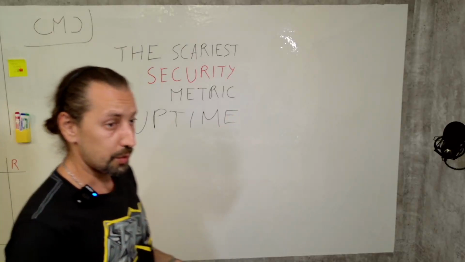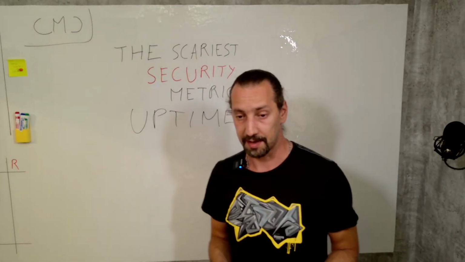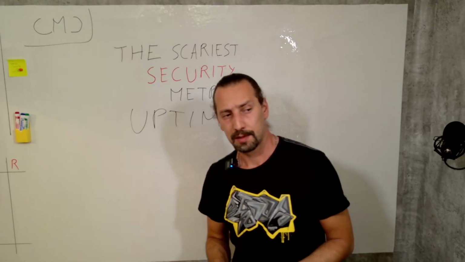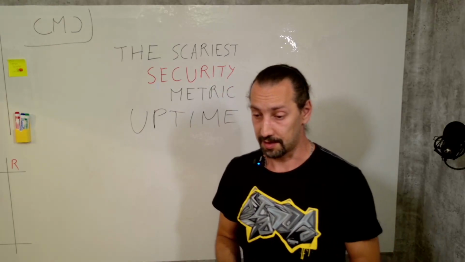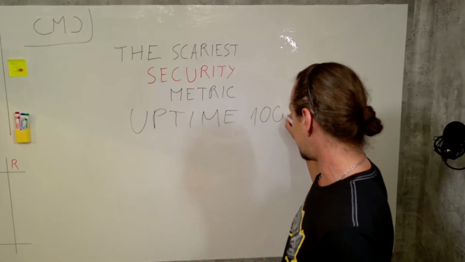If you don't know what uptime is, uptime is basically how long a server has been running. The most obvious indicator would suggest this should be 100%.